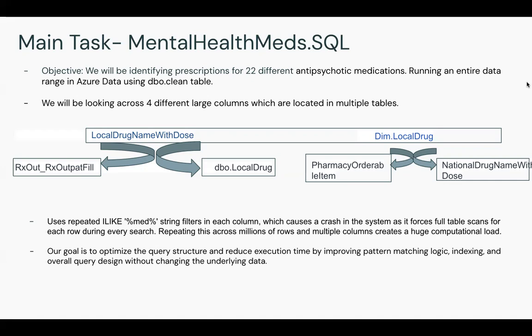And basically, our goal for this assignment is to optimize this by rethinking how we can restructure the query by reducing the computational load through smarter pattern matching and the better use of indexes and overall cleaner design without changing the original data that is given for the query set.